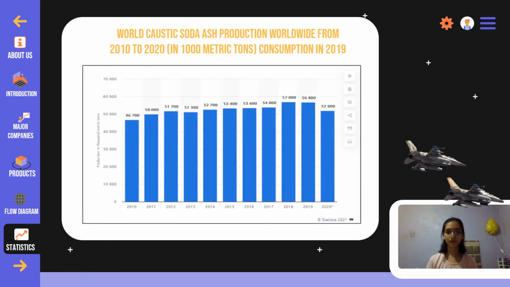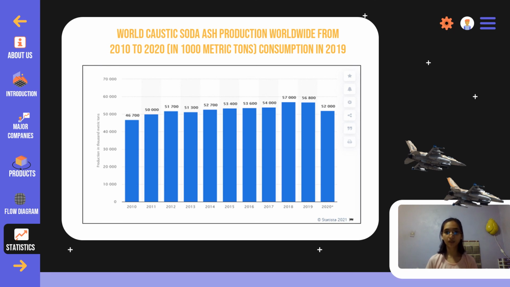And soda ash in the next graph is another product from the chlor-alkali industry, where it is commonly used in establishing infrastructures. Its production globally from 2010 to 2020 is presented in the figure, where a significant decrease is seen in the year 2020, having only 52 million tons.